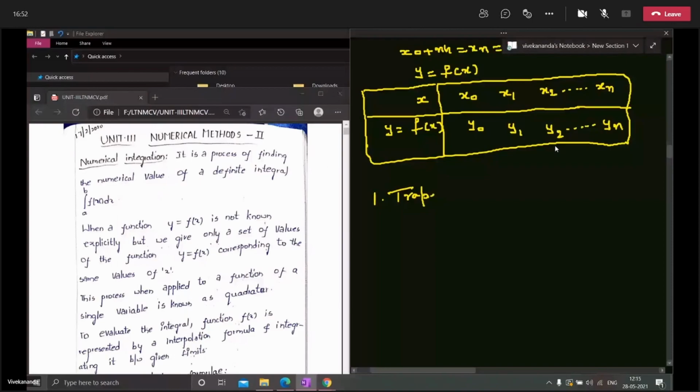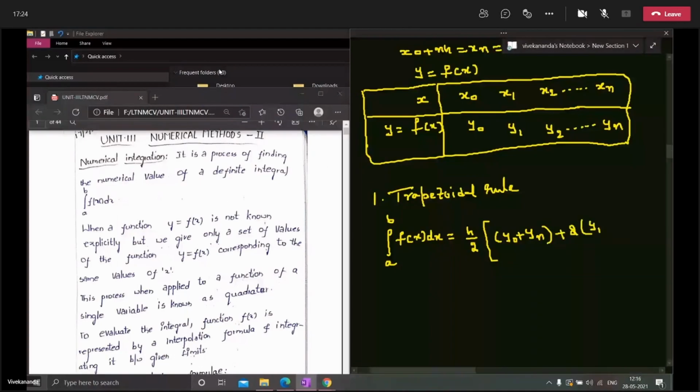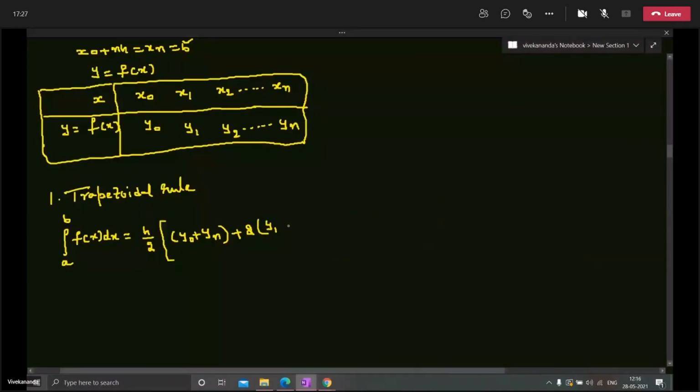Integration a to b f of x dx is equal to h by 2 into y naught plus yn plus 2 into y1 plus y2 plus and so on plus yn minus 1.